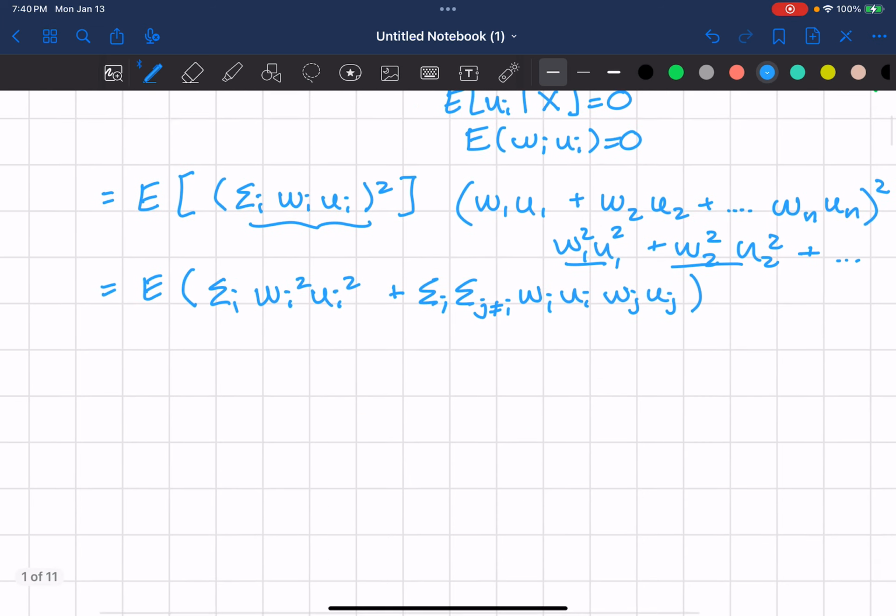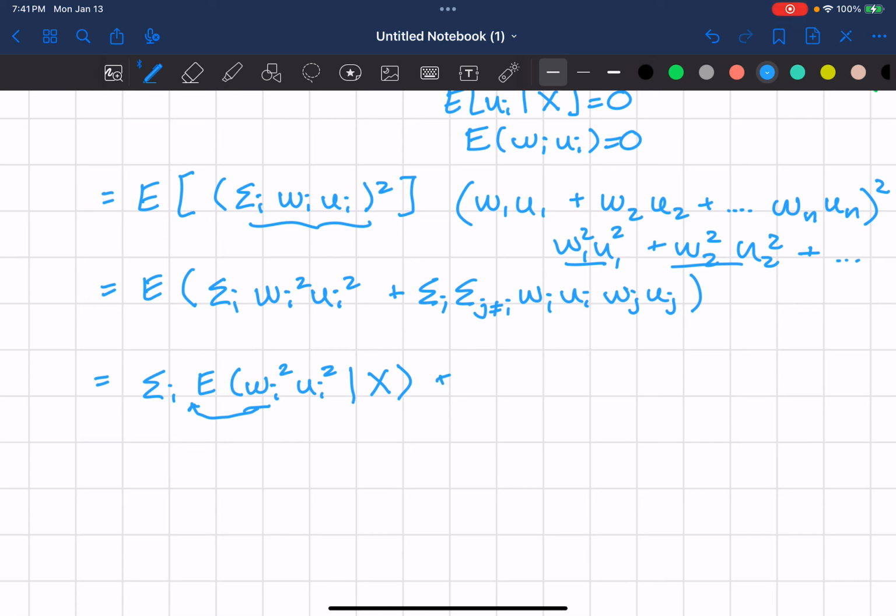And then we're going to apply exogeneity one more time. So to simplify, we get sum over i of the expectation of wi squared ui squared. We're going to condition on big X, because if we can show that the conditional expectation is a constant, then we know that the unconditional expectation is the same constant. Wi is just a function of X, so we can take that outside of the expectation.